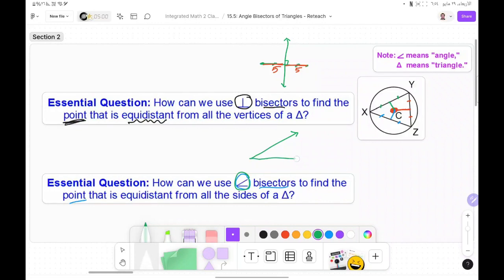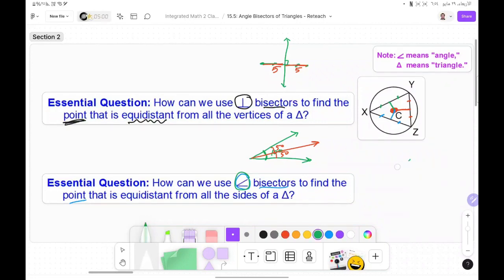If I have an angle like this, and let's say the total angle is 100, angle bisector means the line comes through the middle, so this one here should be 50 and this one here should be 50. That's the meaning of angle bisector.